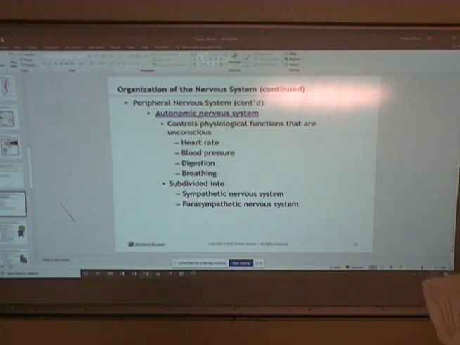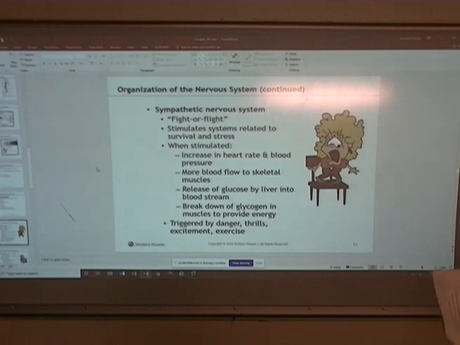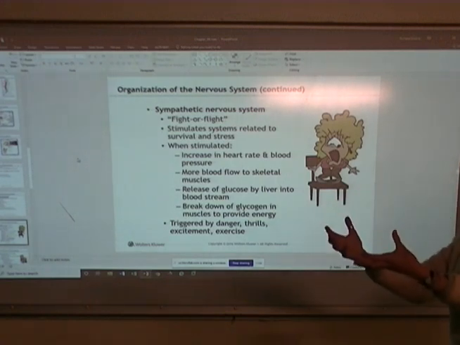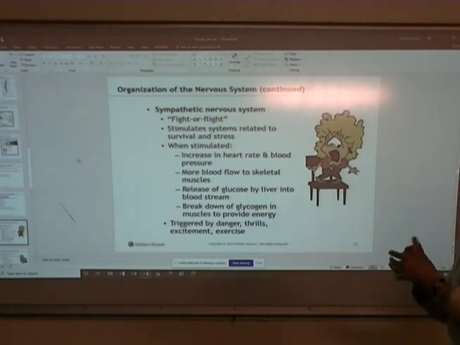So this unconscious side of the peripheral nervous system is also divided into two. We have our sympathetic nervous system that's responsible for what we call fight or flight. It's responsible for getting the body ready to deal with something it's perceiving as dangerous, typically.